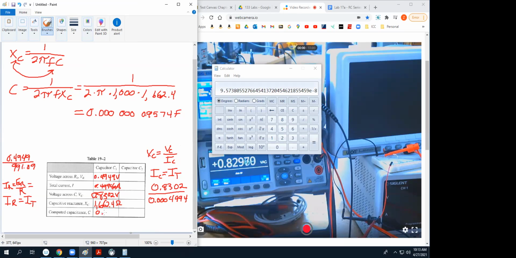What did I get for total current? 0.4994 milliamps.